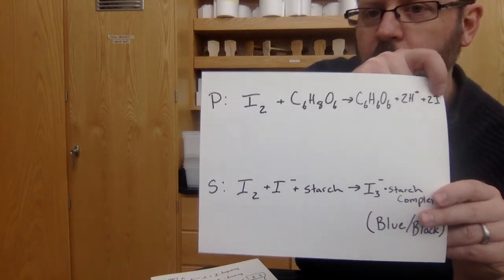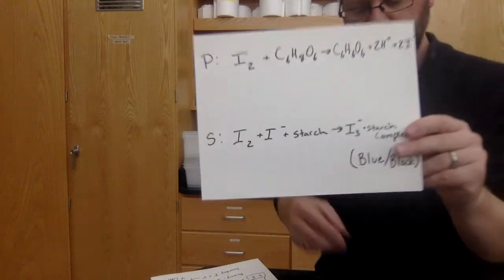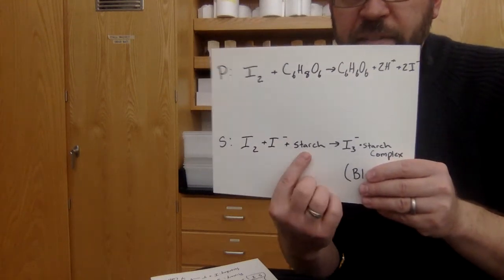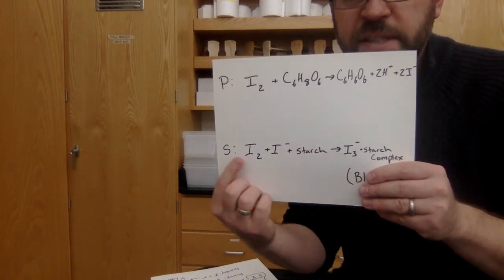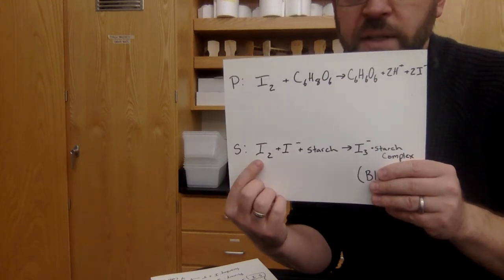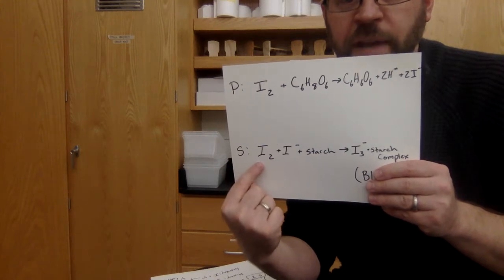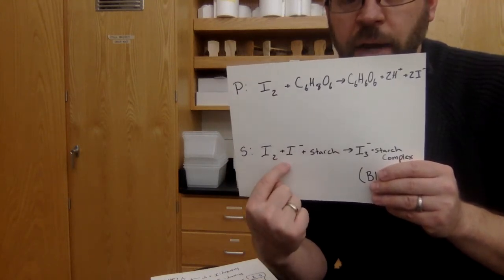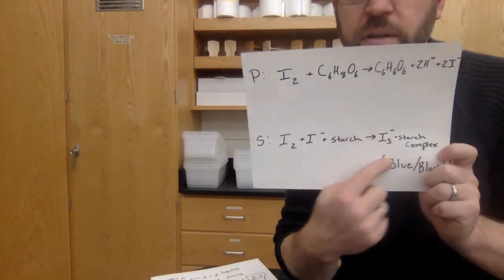Now this is okay, this is good, because look at the secondary reaction that's going to give me my color change. What I have to do is I have to have starch in there, so we're going to call that our indicator. Here's the extra titrant, right? Once that titrant is done reacting up here, it is now available to react down here. But I also need some I minus around, because what it does is it forms this weird complex.